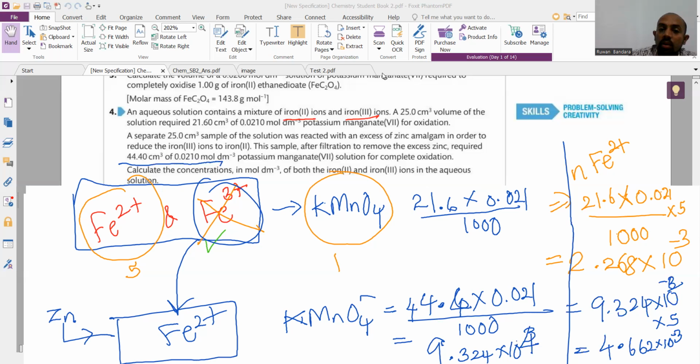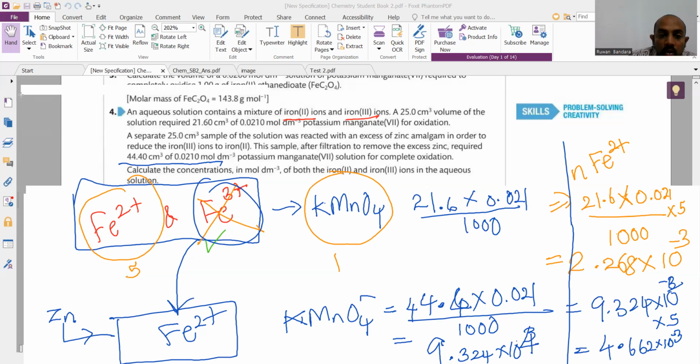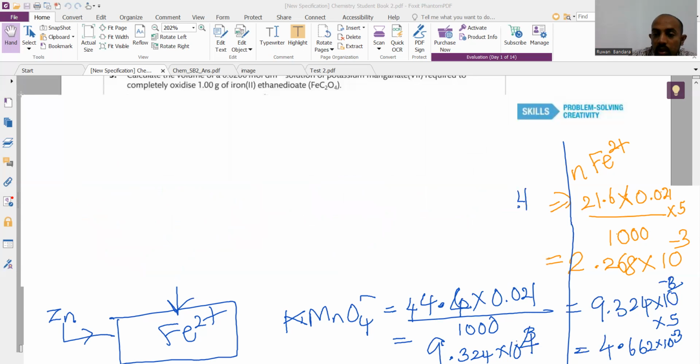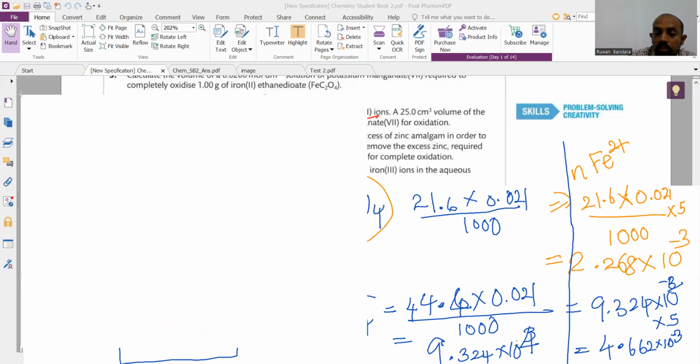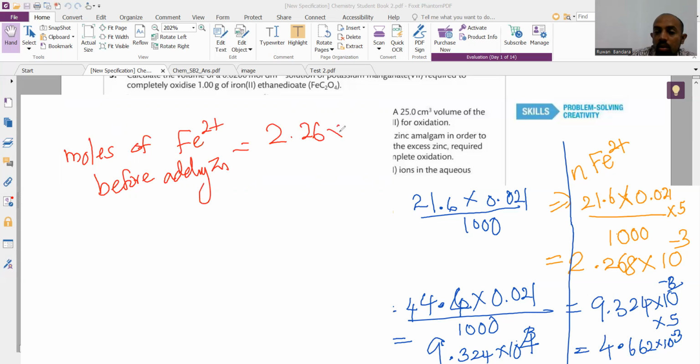Now I have two answers. Volume is 25, right? Moles of Fe2 plus before adding zinc: 6.8 10 to the power of minus 3.